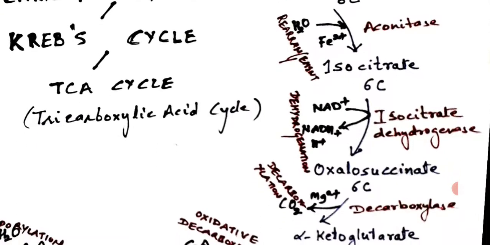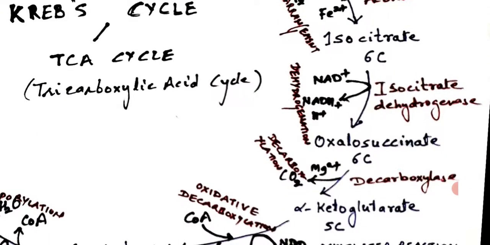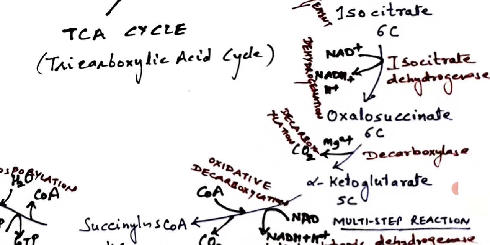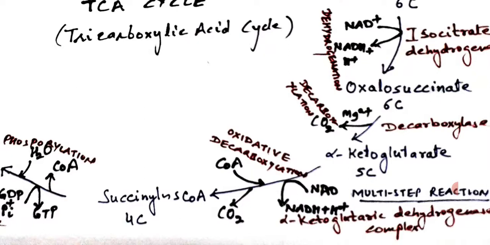Oxalosuccinate in turn undergoes decarboxylation. One carbon dioxide is removed in the presence of magnesium ions and it is converted into alpha ketoglutarate, which is a 5-carbon compound. Now this alpha ketoglutarate undergoes a multi-step reaction to form succinyl-CoA, a 4-carbon intermediate, and the reaction is oxidative decarboxylation.